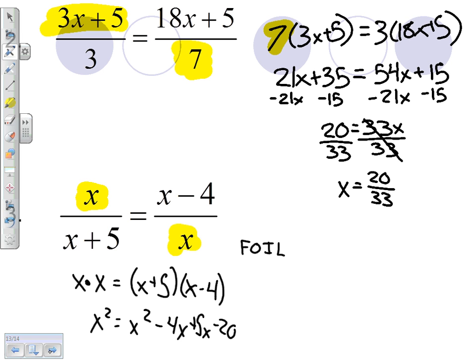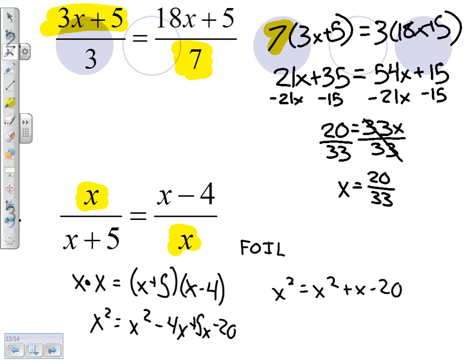Okay, so I get x squared equals x squared plus x minus 20. Can you just cancel the x? Since we're adding, I actually can't put them together at all because they're not like terms. If you're multiplying, yes, it would be x cubed. But if we're adding, I just have to leave it like it is.